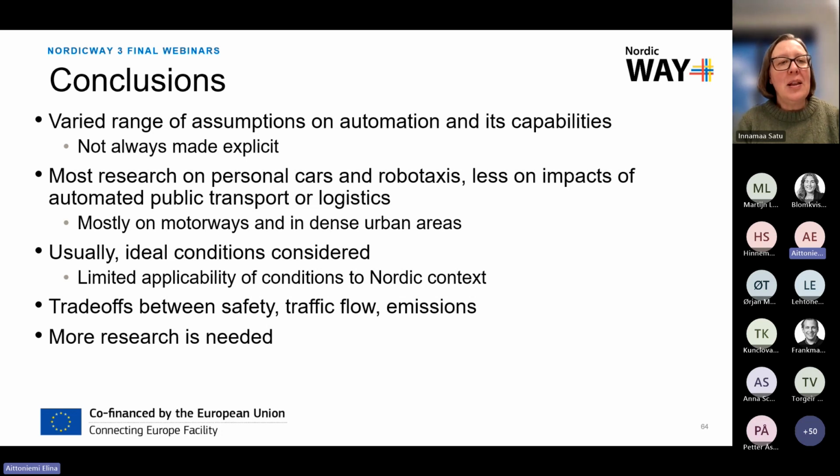But you said not so much is known about this automated driving and its impacts in the Nordic context. So what do you think would be one of those areas, or a couple of those areas, where we should definitely do some research in the Nordic context, and where do these generic results apply?